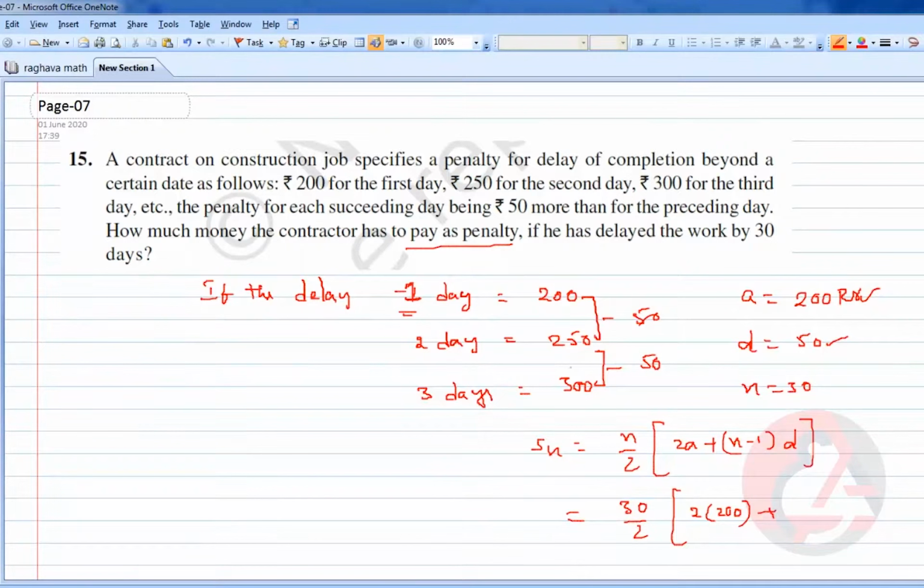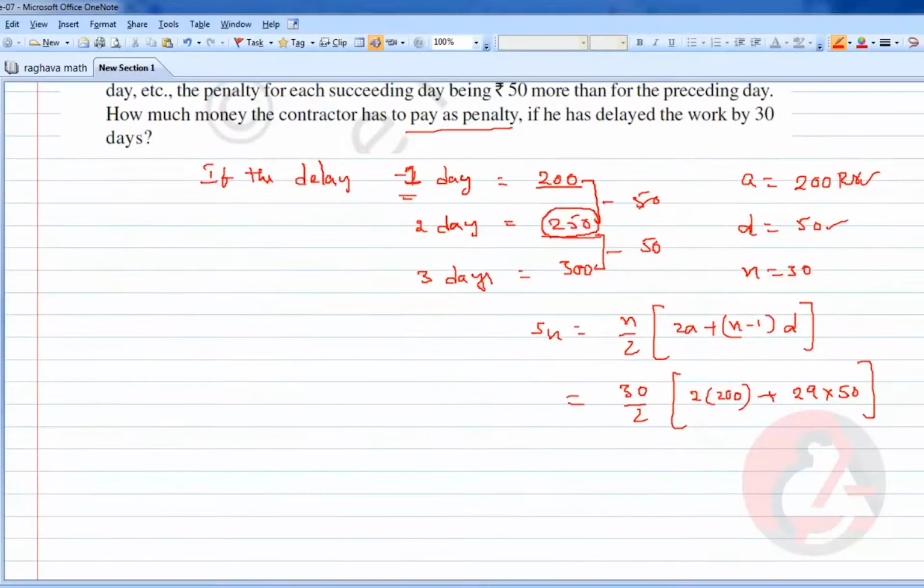See, this 250 rupees is not for the 2 days. Suppose he is delayed 2 days, he has to pay 200 rupees for the first day and 250 for the second day. That means for a 2-day delay he pays 450 rupees. That is the logic in this question. Solve this question and let me know the amount.